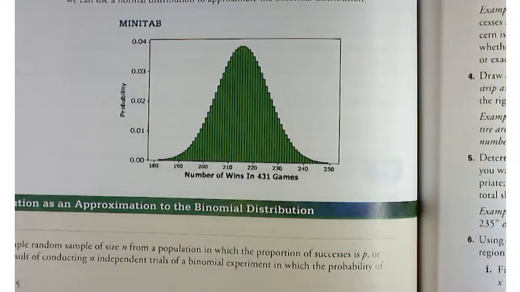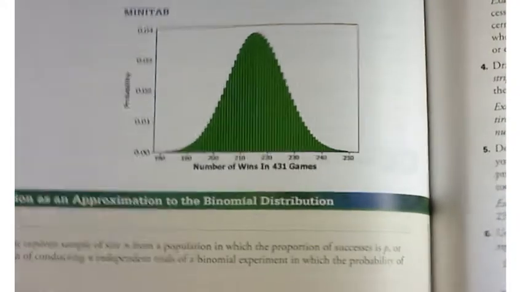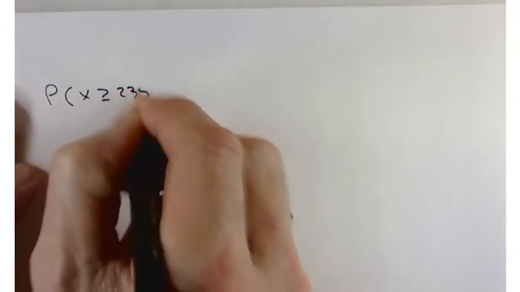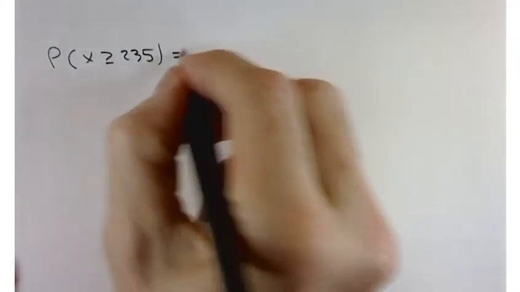So the problem with trying to find, say, the probability of winning 231 games or 235 games or more from the binomial distribution would be this. If I wanted to determine the probability that x is greater than or equal to 235 from the binomial distribution, let's understand what that would mean.